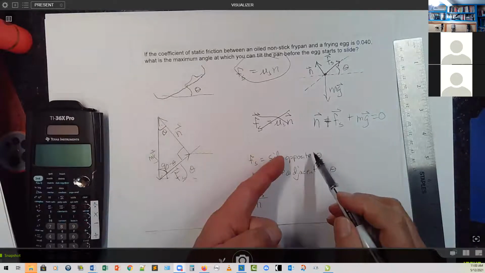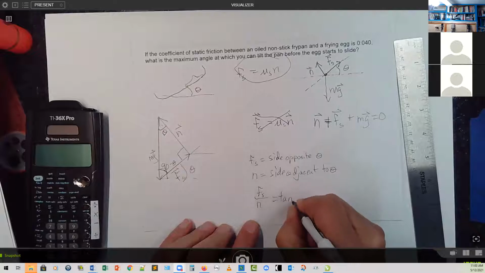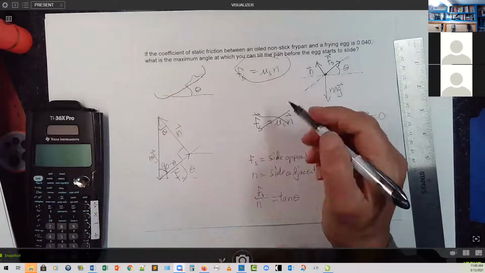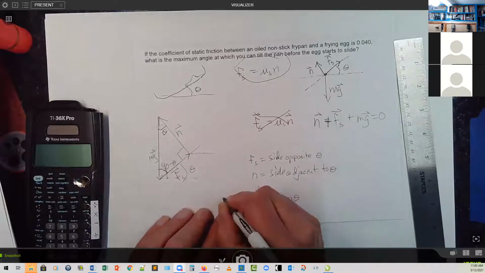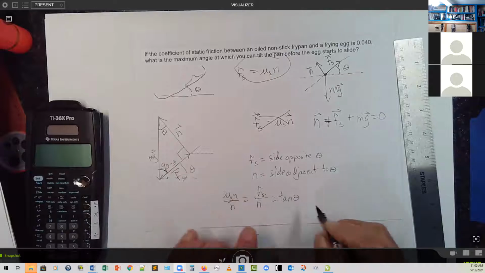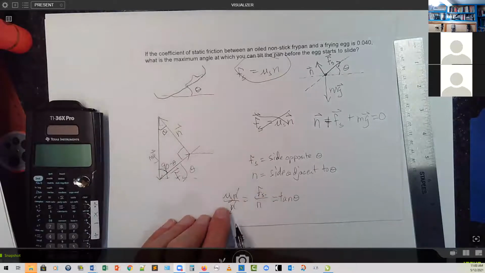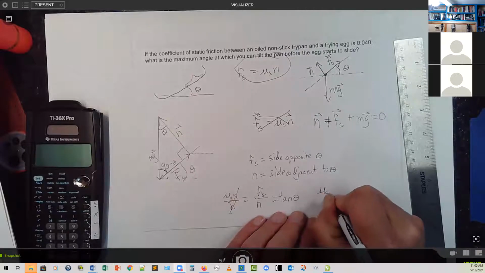That's the opposite over the adjacent. But F sub s is equal to mu sub s times N. So that means what I have is mu sub s times n divided by n is equal to the tangent of theta. The n's divide out, and mu sub s is equal to the tangent of theta. So that's the way I can figure out the angle.